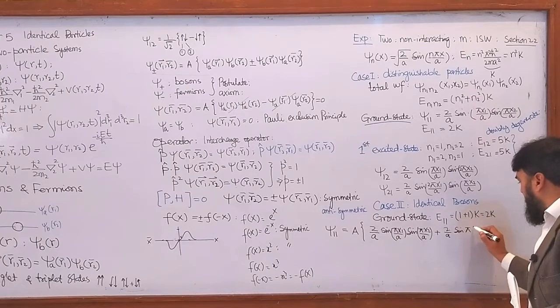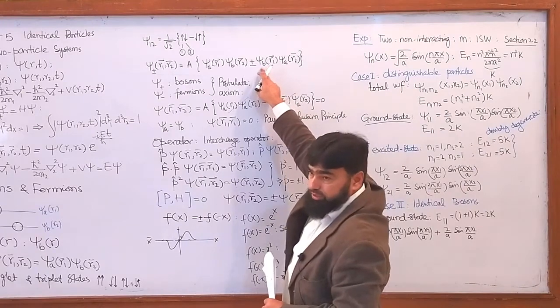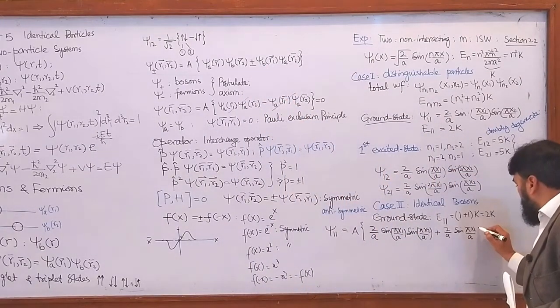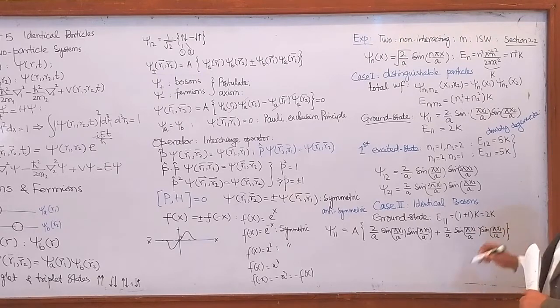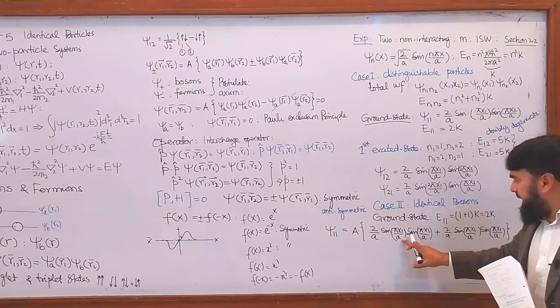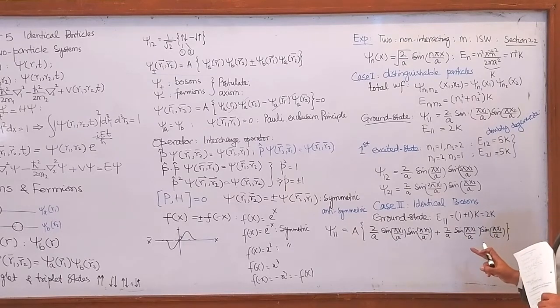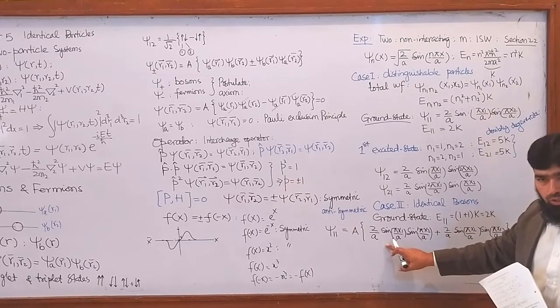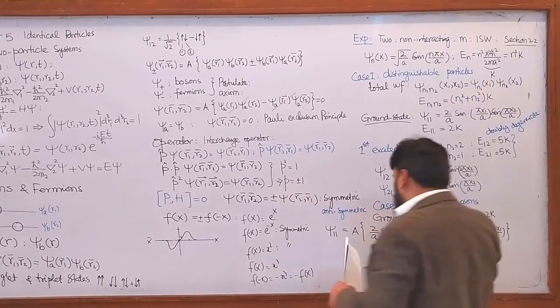So this will be pi x2 over a, because here we will write psi b first, and sine pi x1 over a, and it's closed. So what will happen? Sine pi x1, sine pi x2. I can write this as pi x1 and pi x2, no problem with this. So it means that this is added with this, so 2 times A into this. Clear?